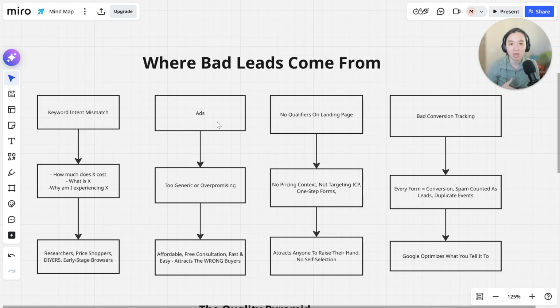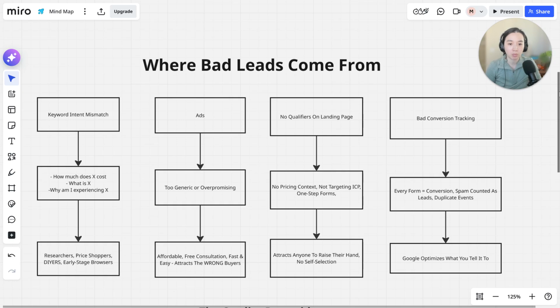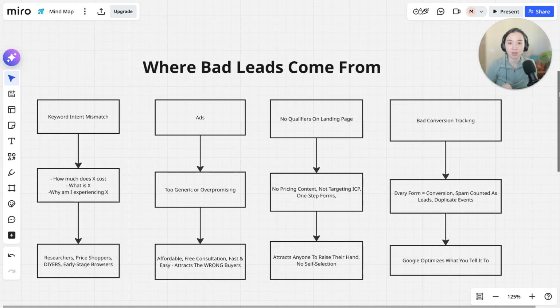I see a lot of responsive search ads that say something along the lines of affordable, free consultation, fast and easy, but this all really attracts the wrong type of buyers. What is your unique positioning in the market? That is a question that I'm going to pose to you in order to improve your ad copy, in order to attract the right quality leads.